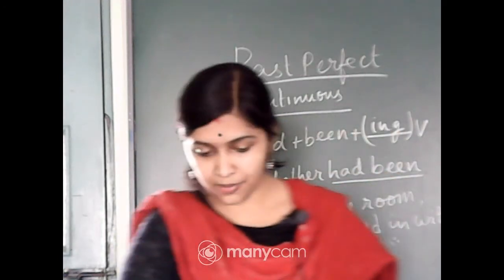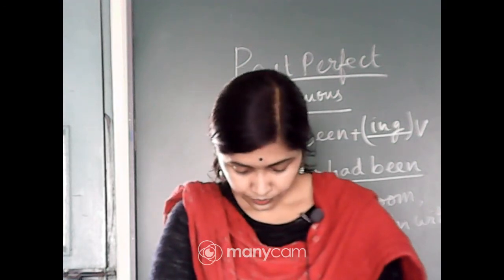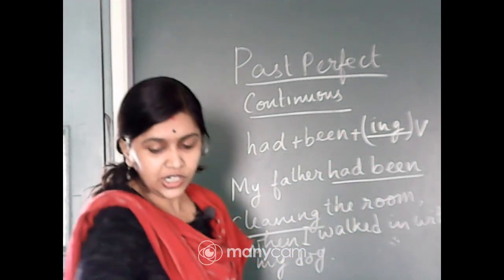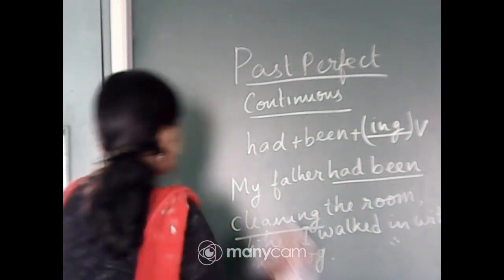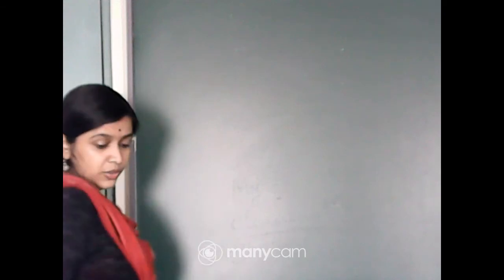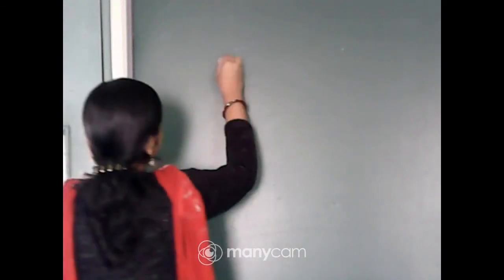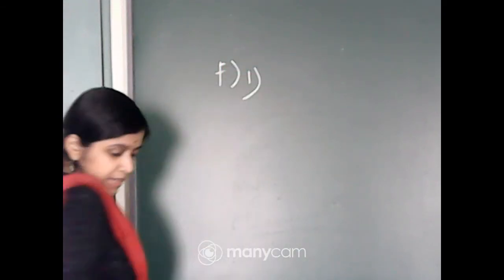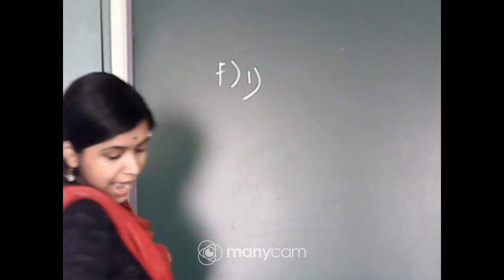Come to exercise number F. All you have to do is change it into the past perfect continuous tense. Okay. So, write answers on your own. Let me check. Number 1, F1 will be had been boiling.